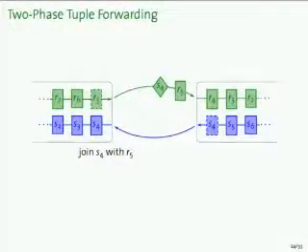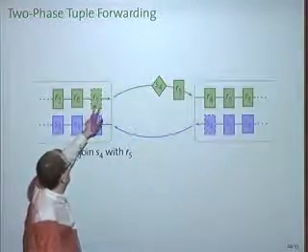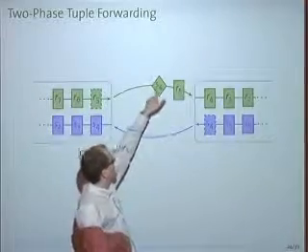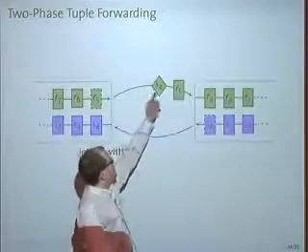So assume that this core now accepted S4, joined it with S5, and then it will send this diamond-shaped tuple and put it in this queue, and this is basically the acknowledgement, okay, I got it.